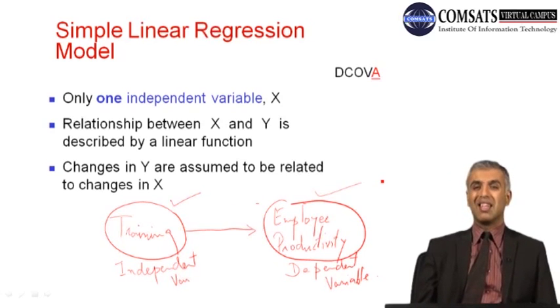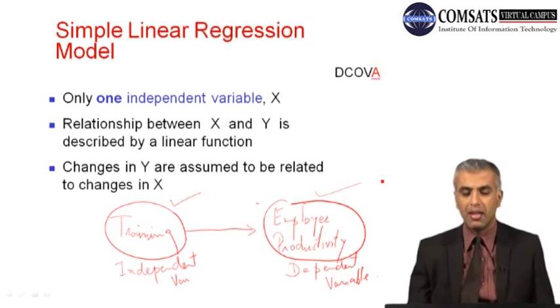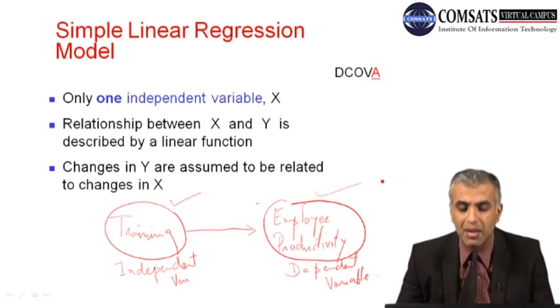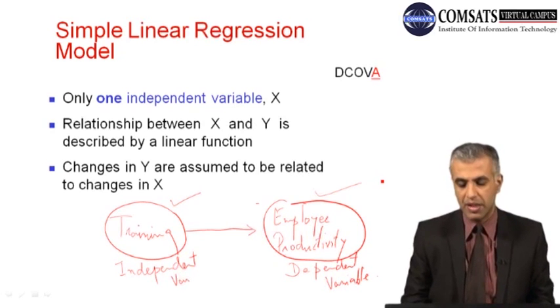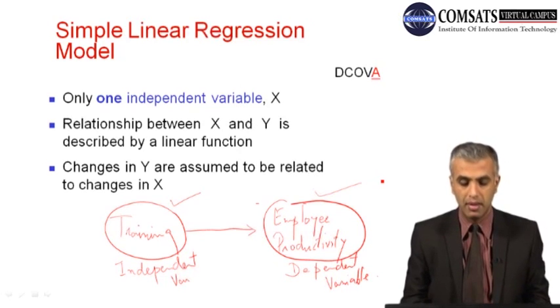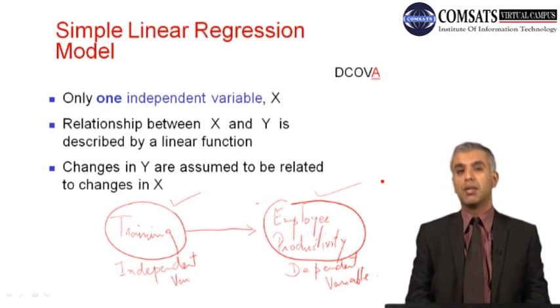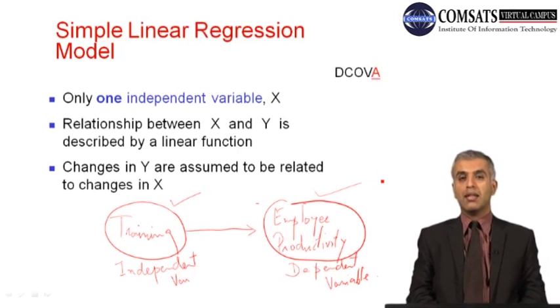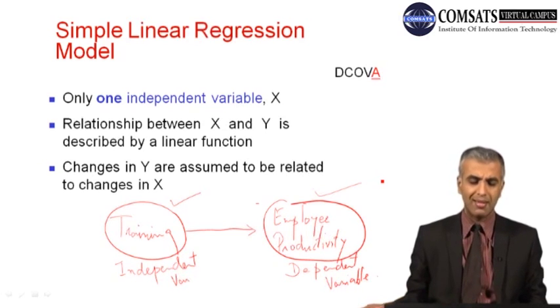The testing of such a model in regression will be termed as simple linear regression model. In this simple model, we are observing only one independent variable and one dependent. If there is more than one independent variable in the model, then we will term the same analysis and model as multiple regression model. We will discuss it in future.